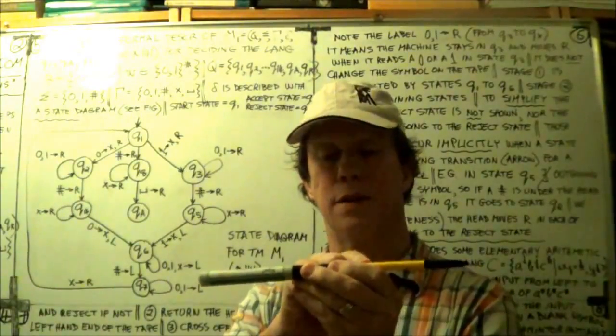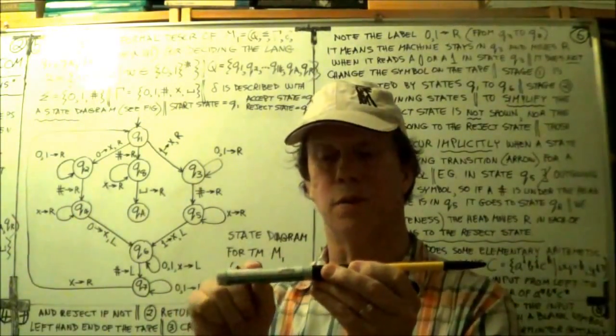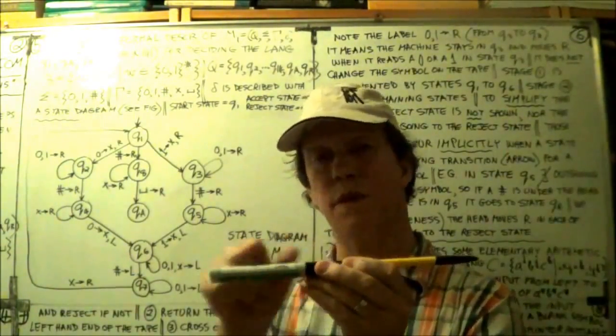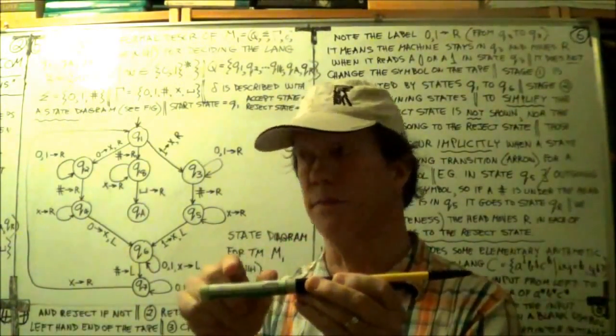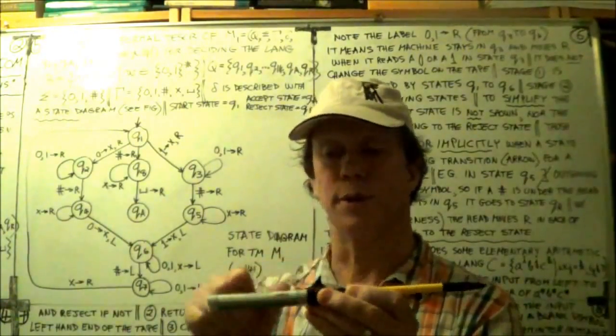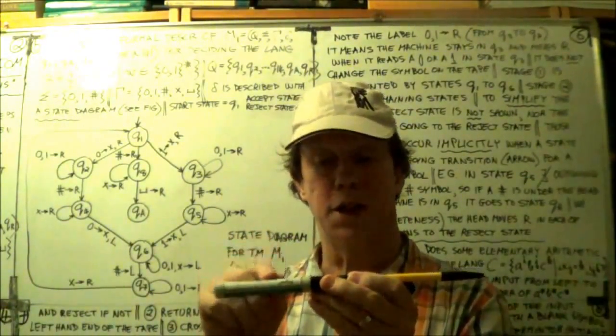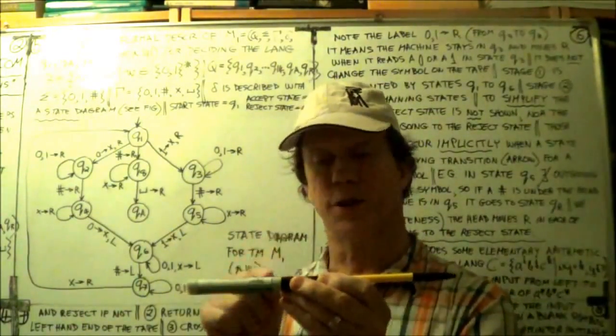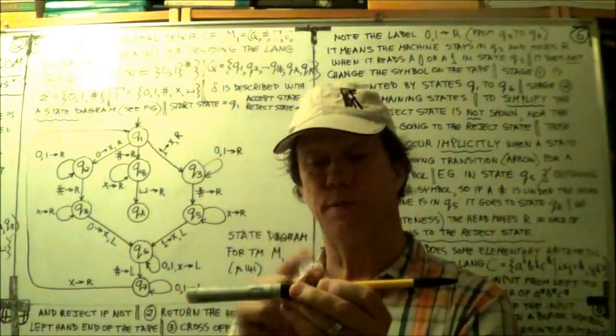Is it the same as the one you're looking at here? So progressively, you're ping-ponging back and forth, and each time you're crossing out the corresponding symbols, putting an X there.